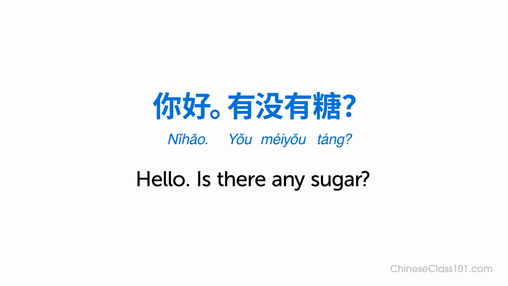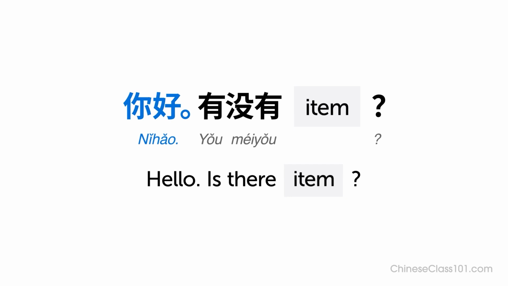But translates as hello, is there any sugar? The pattern is 你好，有没有 item？ hello, is there item? You should be aware of this, but for this lesson you won't need it.